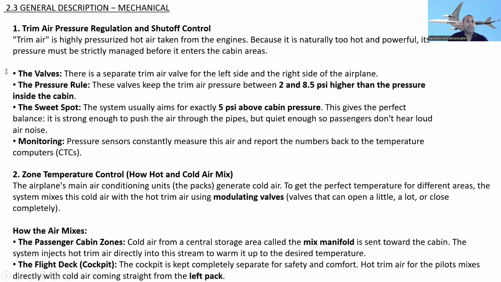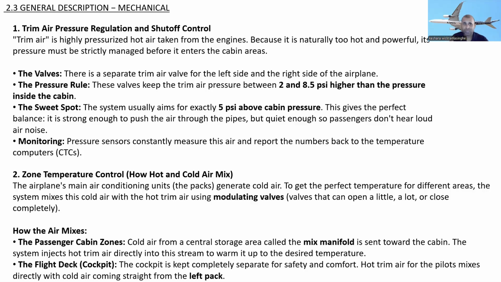So the valves. There is a separate trim air valve for the left side and the right side of the airplane. The pressure rule: these valves keep the trim air pressure between 2 and 8.5 psi higher than the pressure inside the cabin.